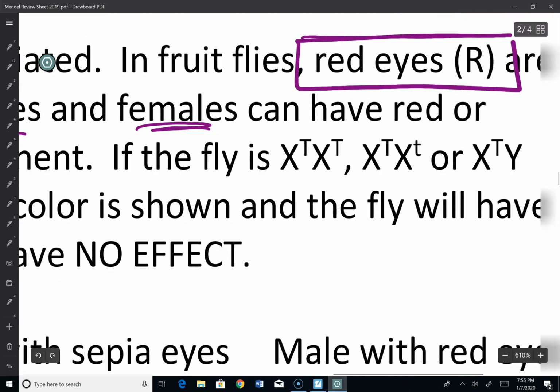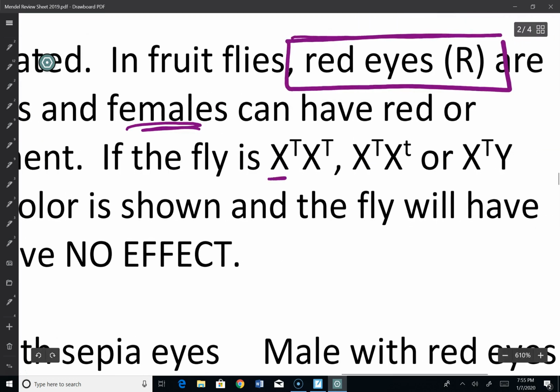In these examples, notice that's a female, that's a female, this one's a male. And you know that because the females have two X's and the males have only one. If there is at least one capital T associated with those X's, that means that color will be expressed in the eyes, which means they will either be red or they will be sepia.